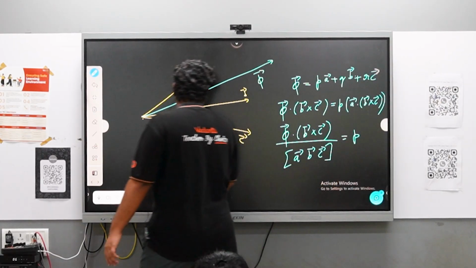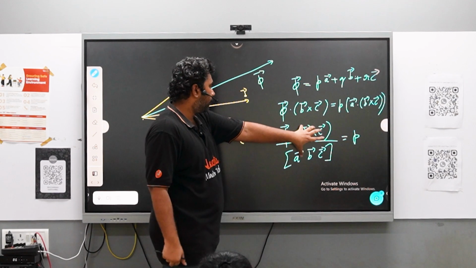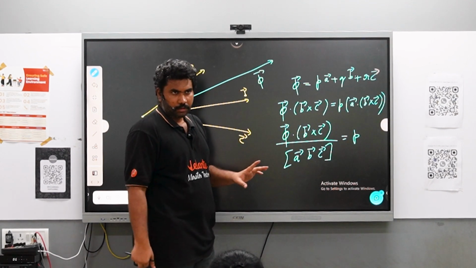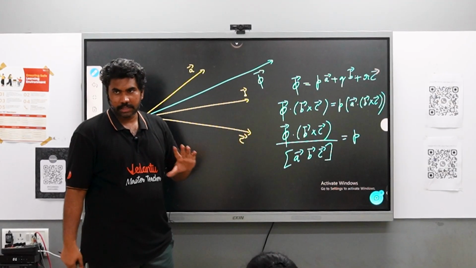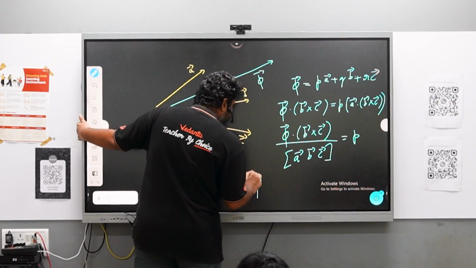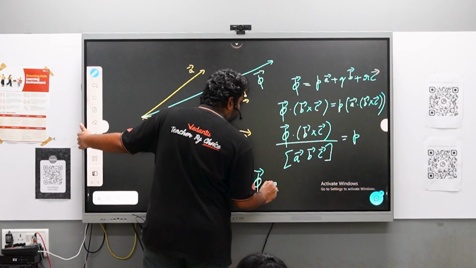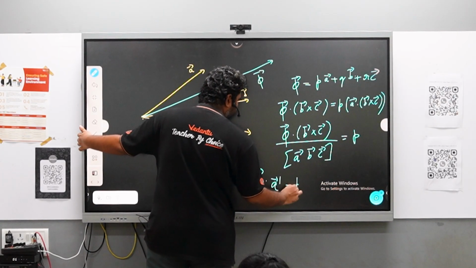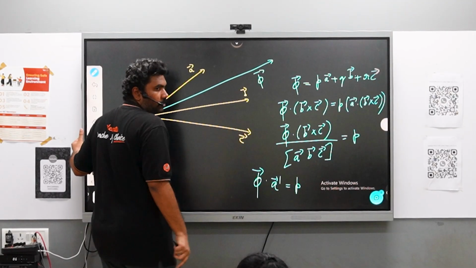Now a question arises: what is this quantity then? Phi vector dot B cross C by the box product of ABC. That is actually functioning like a unit vector. You can take this as phi vector dot A vector dash equal to P. Consider this as A vector dash.